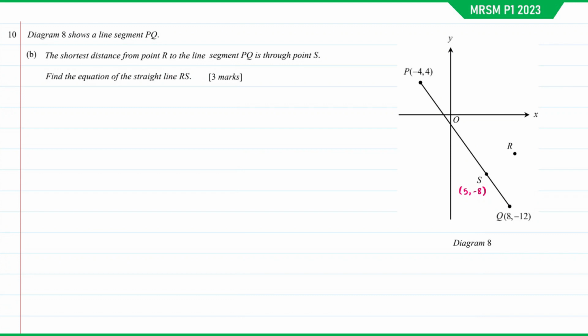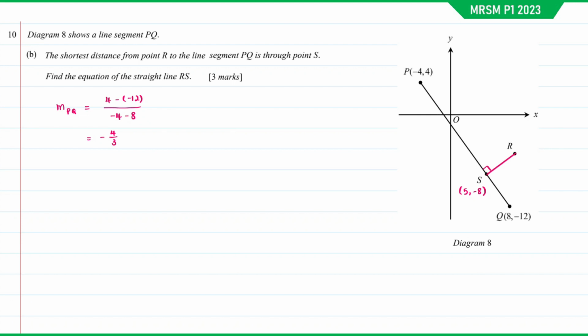Question B. The shortest distance from point R to the line segment PQ is through point S. Find the equation of the straight line RS. As RS is the shortest distance to PQ, this means RS is perpendicular to PQ. First we find the gradient of PQ. It will be 4 minus negative 12 divided by negative 4 minus 8, which is equal to negative 4 over 3.